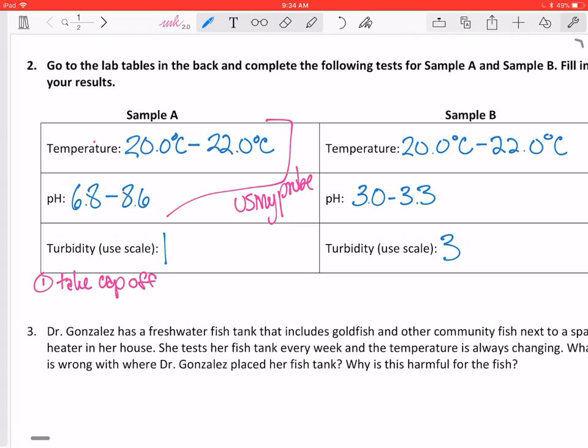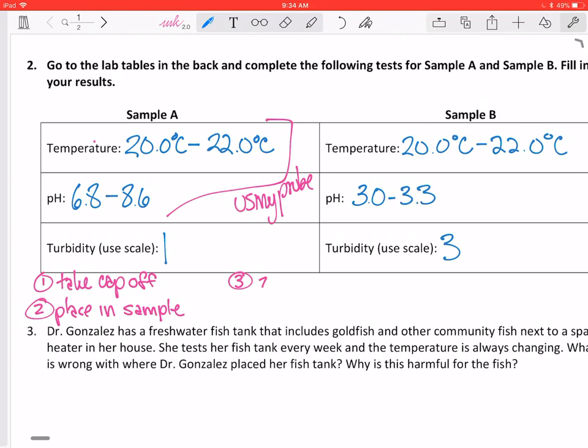I saw people sticking the probe in with the cap still on. That's not going to do anything. So you need to take the cap off, and then you can place in the sample. And then step 3, you're going to gently, keyword there, gently swirl for 5 seconds. And then you can read your results.